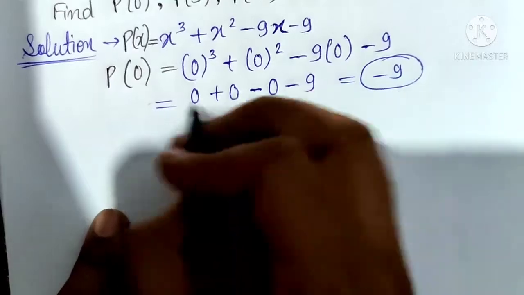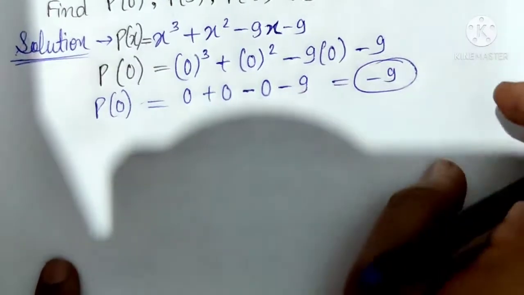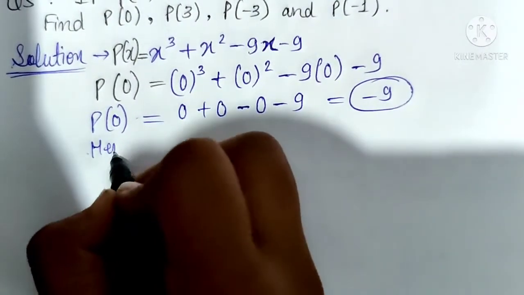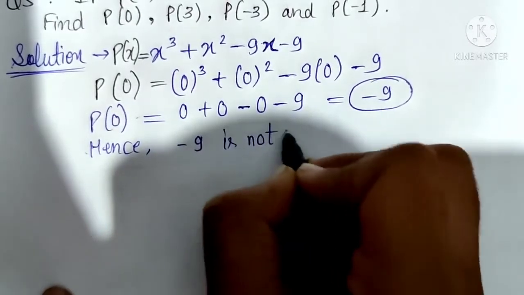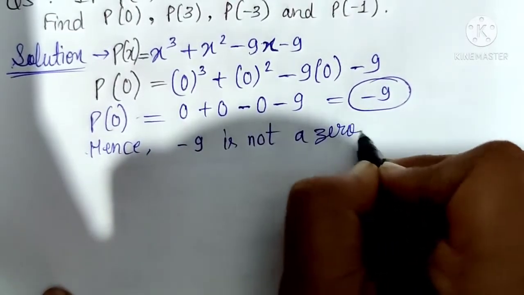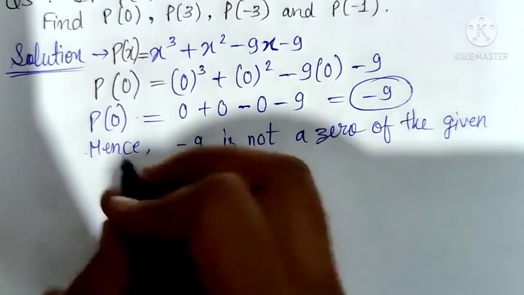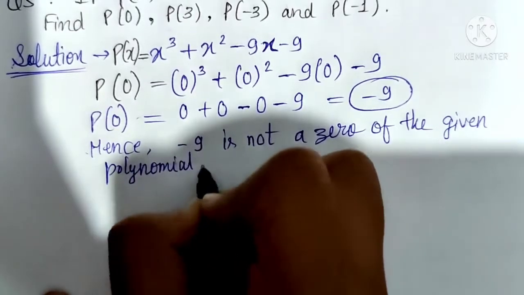So when we put 0 in place of x, it does not come equal to 0. Hence x equals 0 is not a zero of the given polynomial. This is the first conclusion.